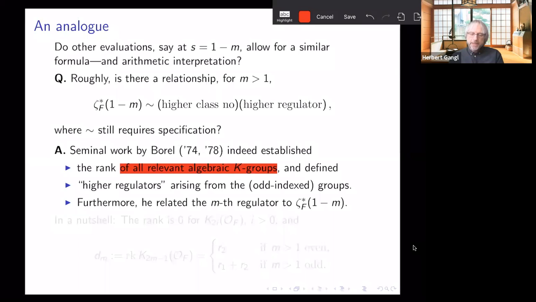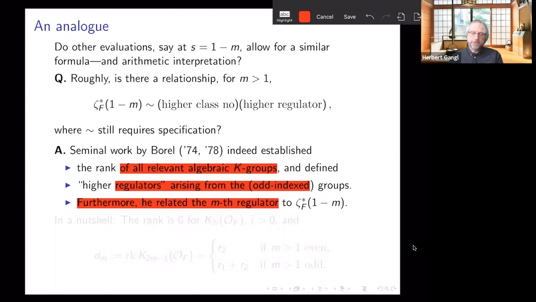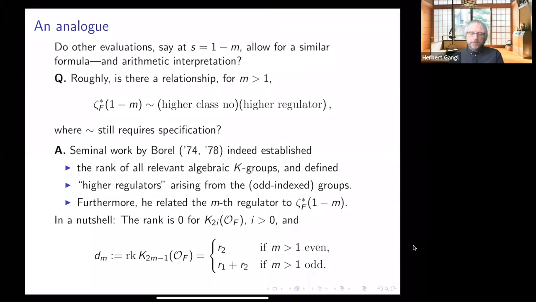We have higher regulators arising from a certain type of algebraic K group, and then there is a regulator attached to those odd-indexed algebraic K groups. Unfortunately, this is rather abstract. So, in a nutshell, we can.